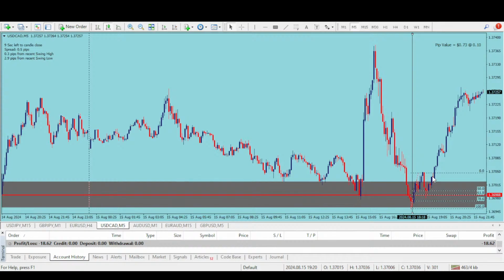So once it moved up, stop loss can be at break even. It moved up again, you can now be tracking it, moving it based on the swing.